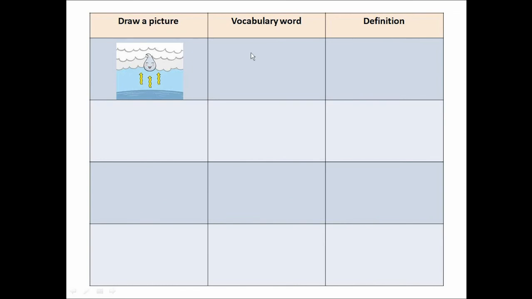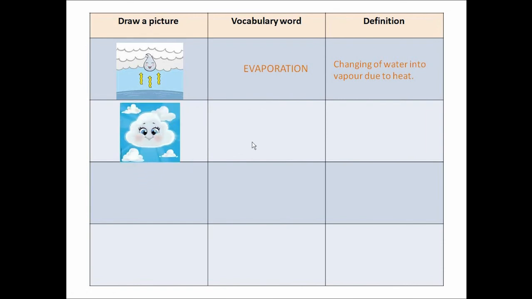After completion, the worksheet will look like this. I will wait for the answer, that is the vocabulary word for the picture, and then click on it to show the answer. Similarly, for the definition, click on it to show the definition. Same way for the rest of the worksheet, click. Again for the vocabulary word and then the definition.